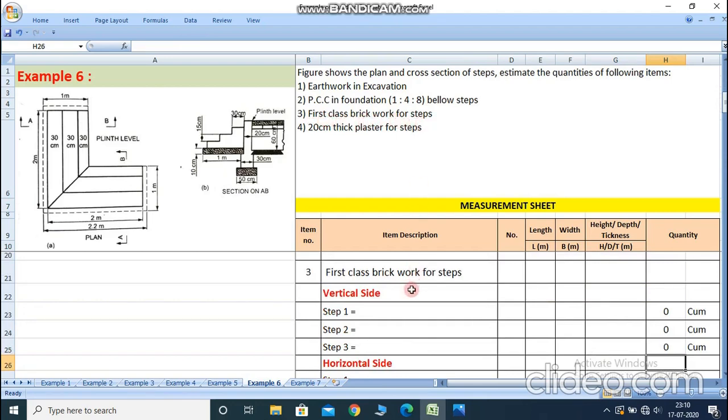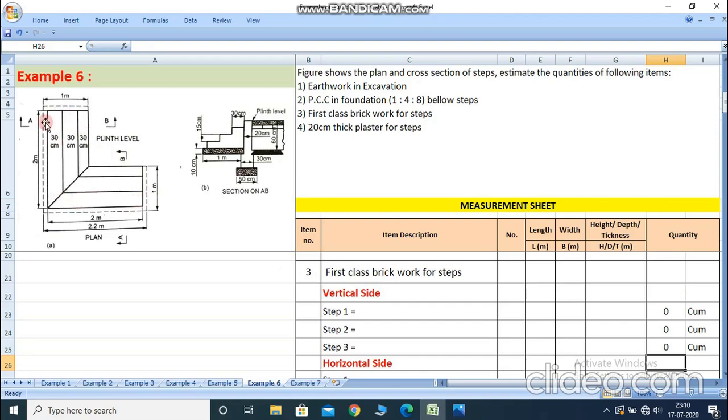Now we calculate the third thing, first class brickwork for the steps. So here first class brickwork for a step. In the first class brickwork, here the first class brickwork is divided into two parts, vertical side and horizontal side. Clear?